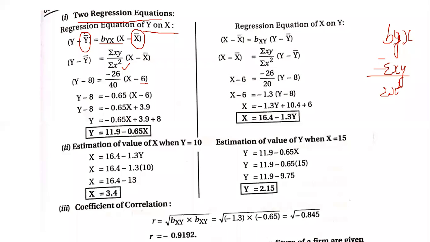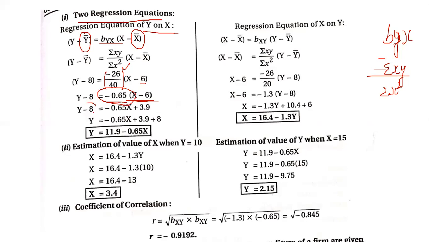Now start simplifying it. First divide these two. Minus 26 divided by 40 will give you minus 0.65. Then y minus 8 is equal to minus 0.65 into x minus 6. Now multiply minus 0.65 with x minus 6 and you get minus 0.65x plus 3.9.